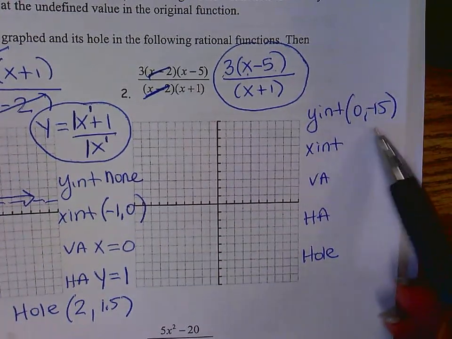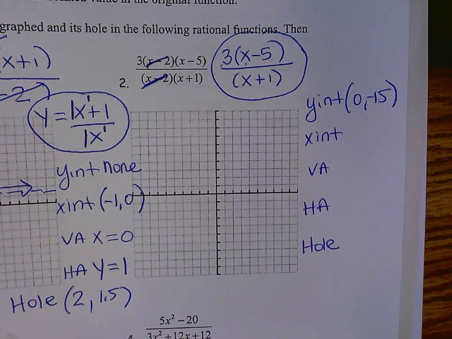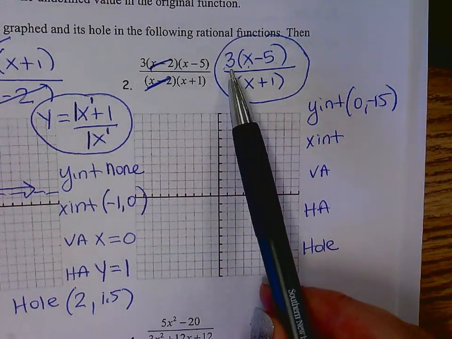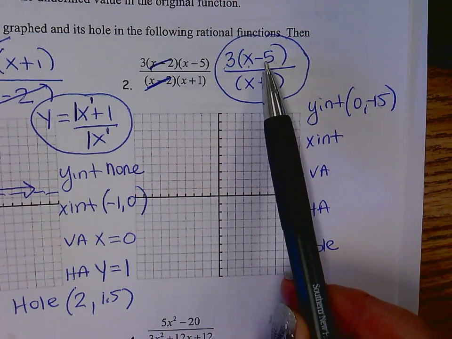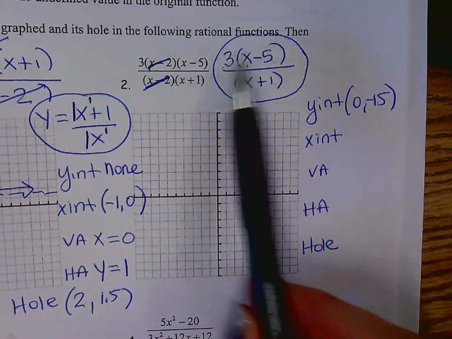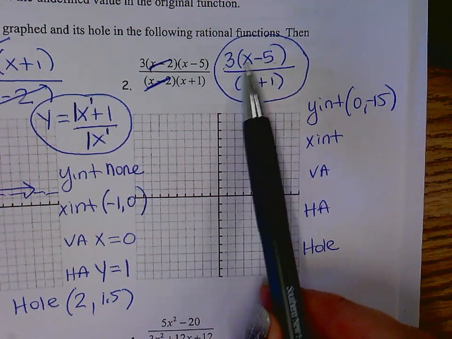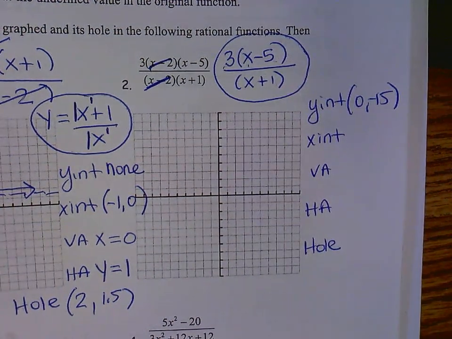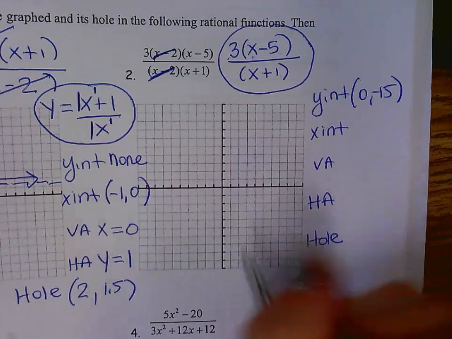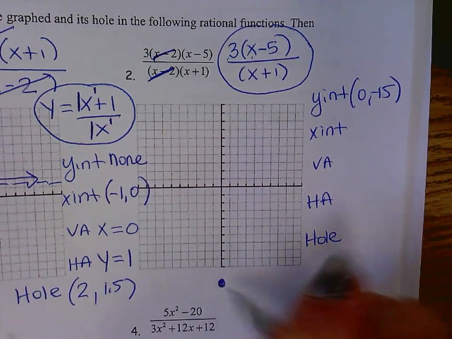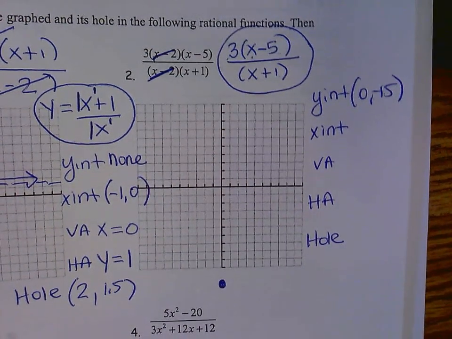That's going to be plugging in 0 for x. Because it's in factored form, it's 3 times negative 5, because 0 minus 5. So that's going to be way off the graph, but I'm just going to plot it down here so that I remember that I do have a y-intercept.